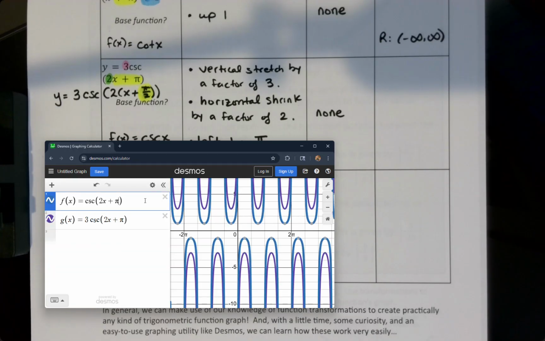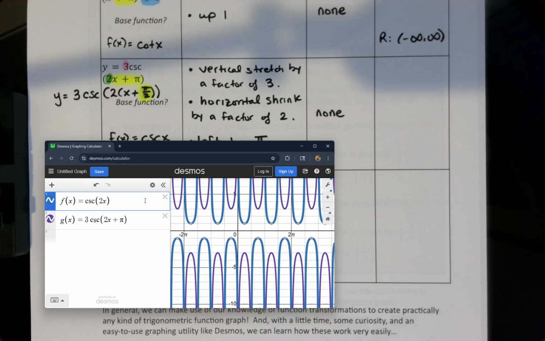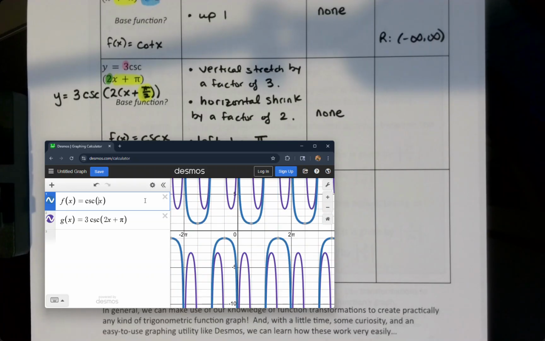All right, so there we go. There's our original function, and there is our function that's been shrunk horizontally, shifted left, and then stretched.